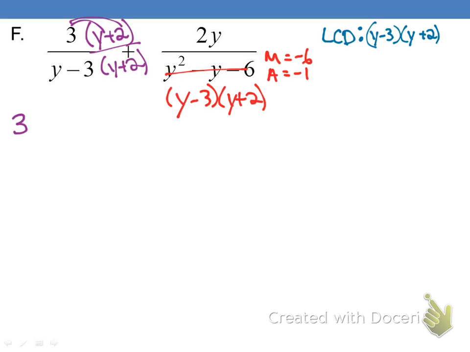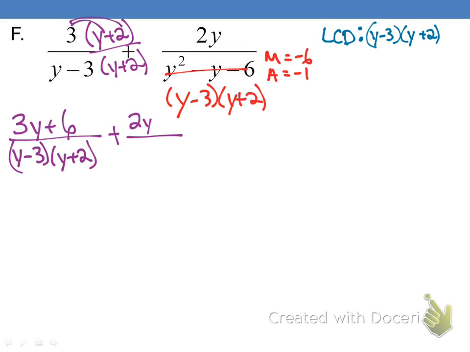So I'm going to have 3y plus 6 over, and now I have the common denominator here. Do I have the common denominator in the back? Do I need to multiply by something? What's going on in the back? Nothing, right? We already have the common denominator. So we are good to go.